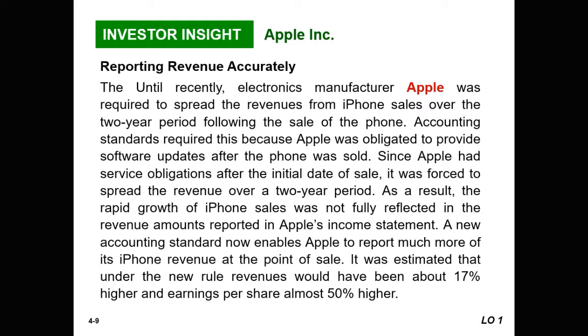So as you can see, sometimes the rules that we are given, where Apple had to spread the full thing over 2 years, don't take everything into consideration. We have to follow those rules to the best of our abilities.